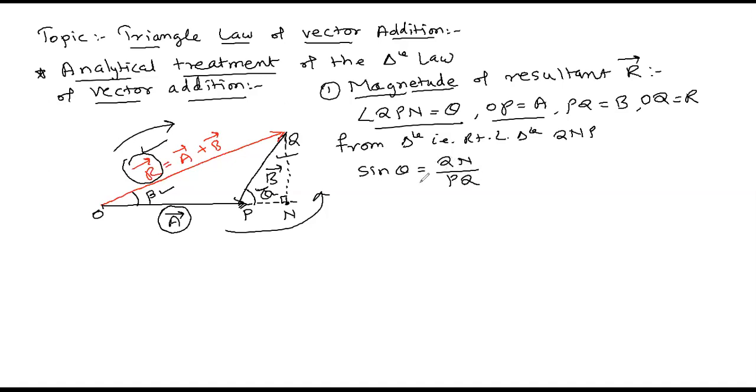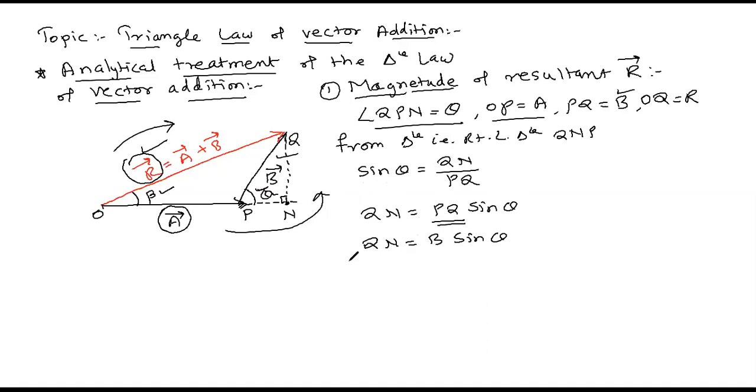So I can write QN is equal to PQ sine theta. What is PQ? It is B. So QN is equal to B sine theta. I do not have the value of QN yet, so QN is equal to B sine theta.